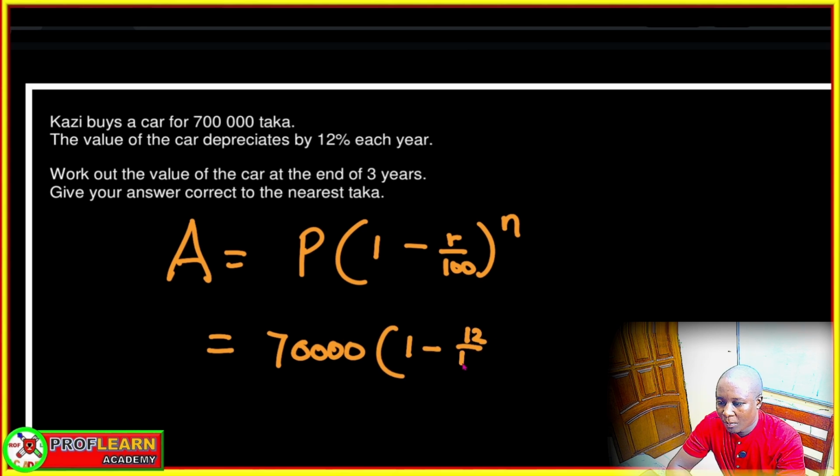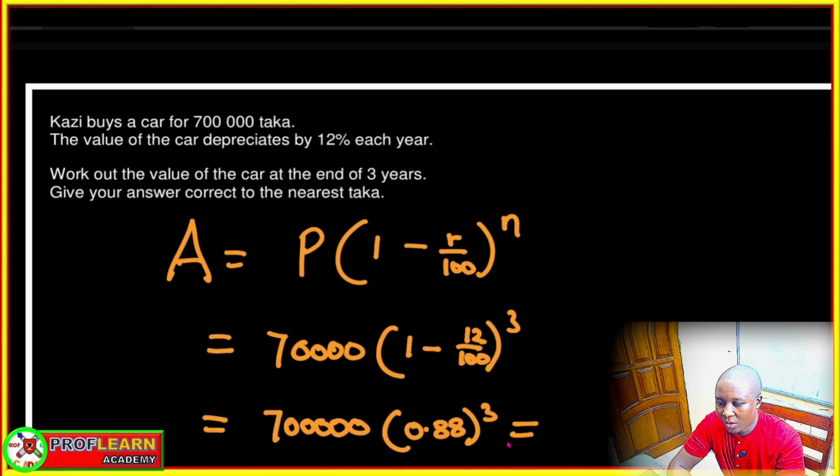This is going to be 1 minus 12 over 100, raised to power 3, because we are told of 3 years. Then we simplify what is inside the bracket, and work out our final answer. Let's put it in the calculator so that we can see what it's going to give us.